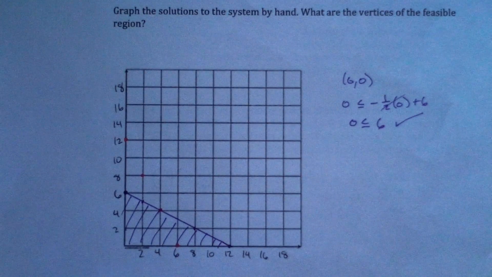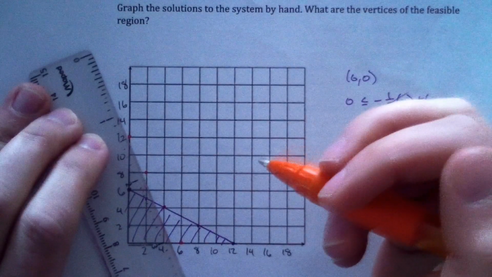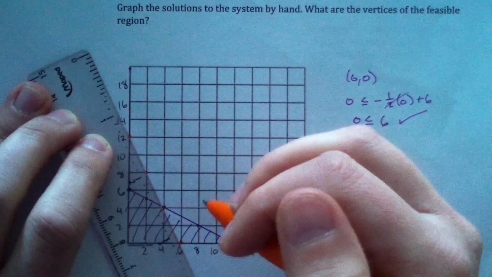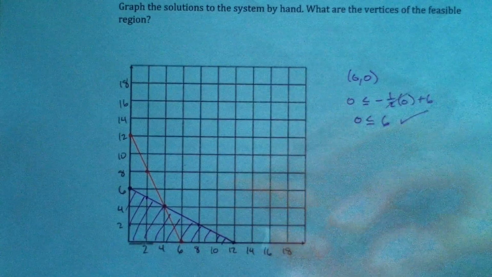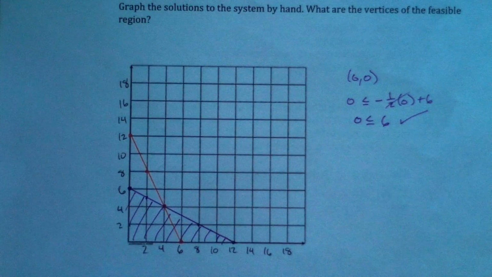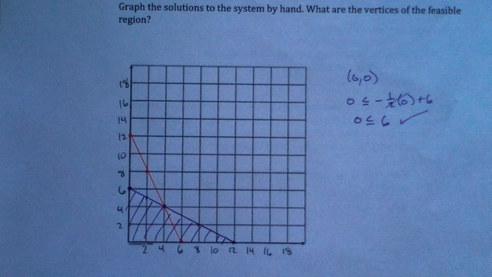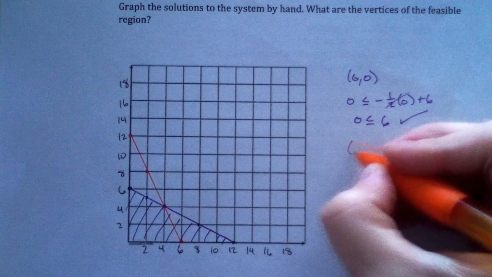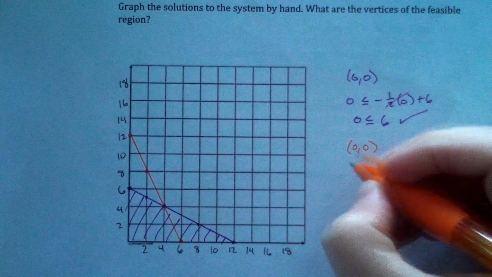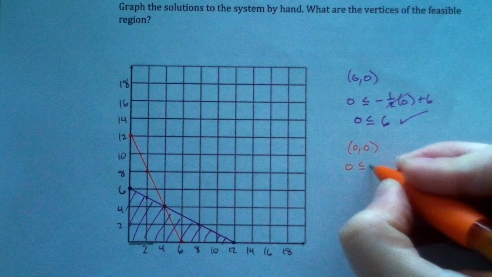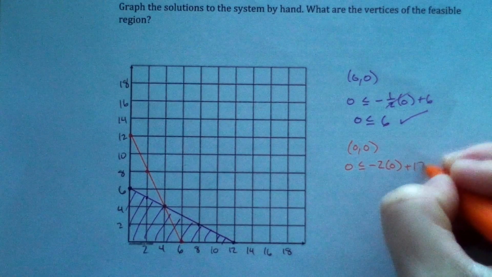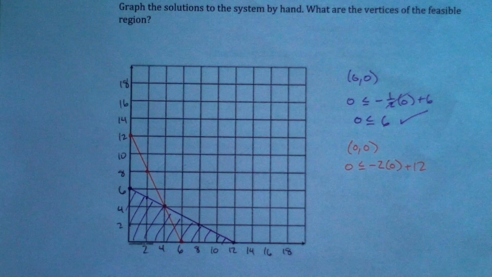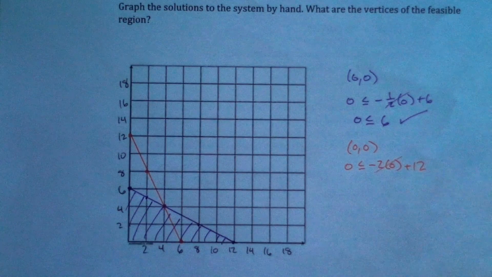Then the other thing they want us to figure out is what are the vertices of this feasible region. The vertices are basically just your corners of that section that's shaded by everything. So here we've got a corner right there, there, and there. Those 4 spots that are kind of like the edges of that area that's double shaded, those are our vertices. We'll just list those out because it says what are those vertices.